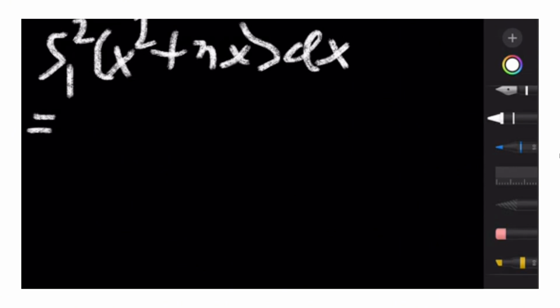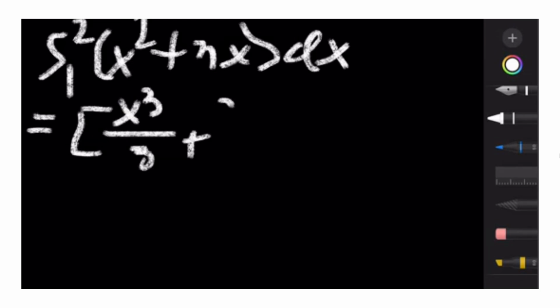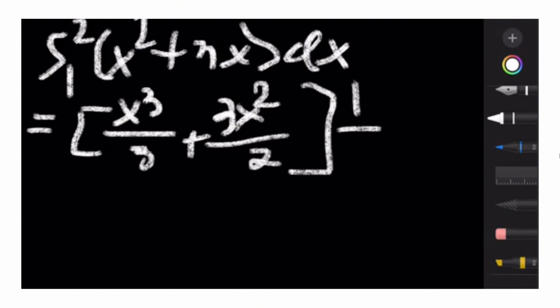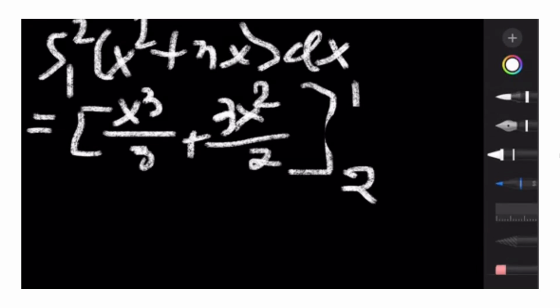So we have to find the antiderivative, which is x cubed over 3 plus 3x squared over 2. So this is going to be quite long, so let's erase all of them. You can take a screenshot if you want.